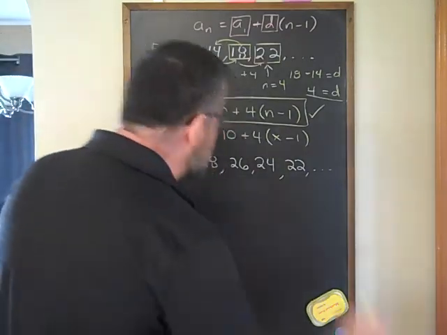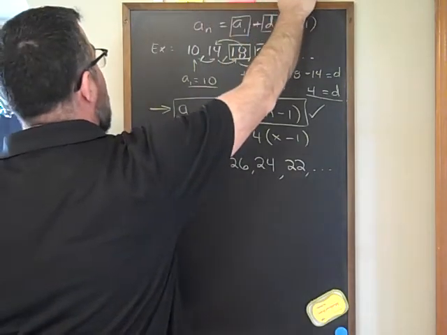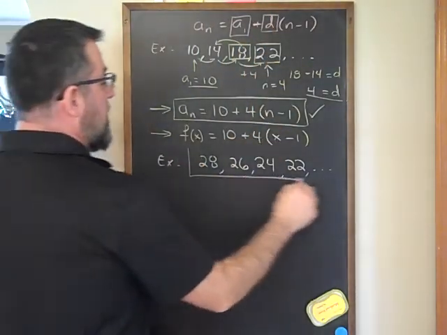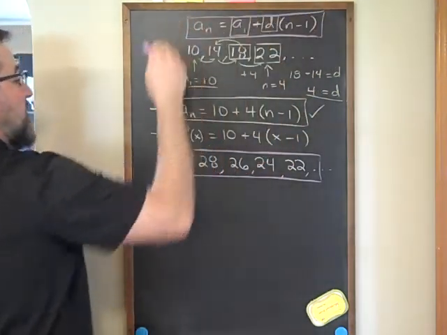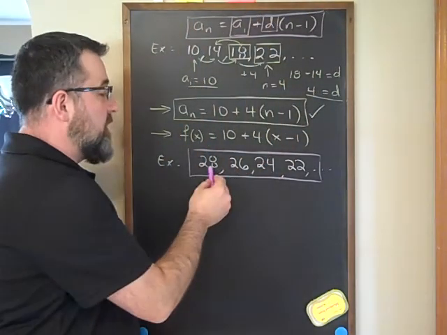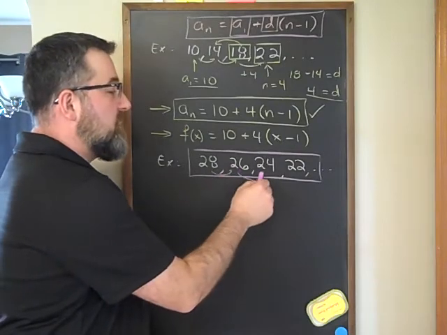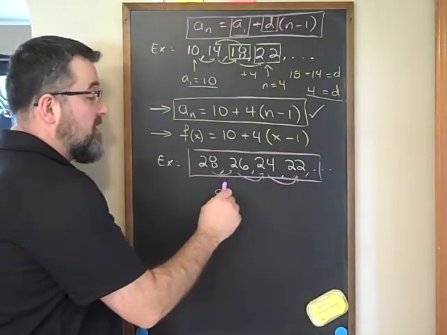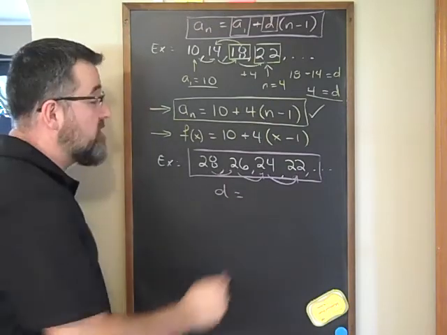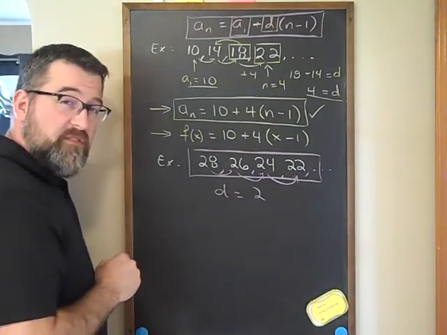So our next problem, we have this sequence right here. We're just utilizing this general formula again because we see that it's arithmetic, because there's a constant difference as you go from one term to the next. You can see that d is 2. Is d 2?